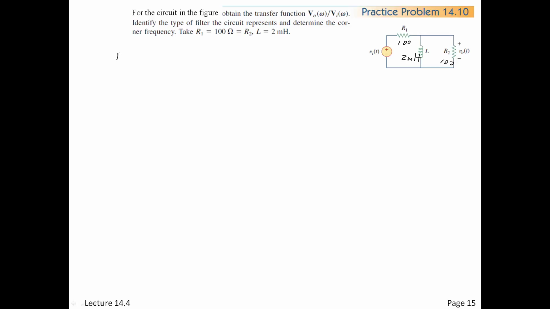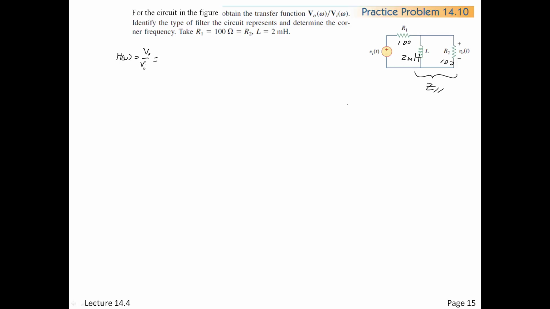Okay, so the transfer function, V out all over V in. And this is just a slight variation on what we had going already. But we can look at this as, again, a voltage divider. If we are over here and we say, what's the Z of this parallel combination?